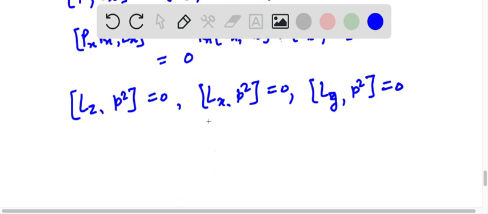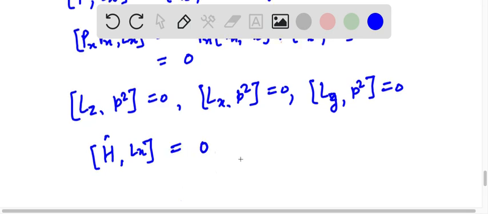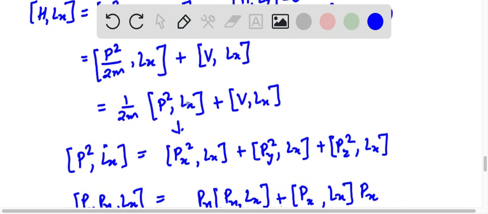So hence this commutation relation [H, Lx] is equal to 0, because this value [p square, Lx] is 0 and [V, Lx] is also 0, because V depends upon the position r only. So this value is 0.